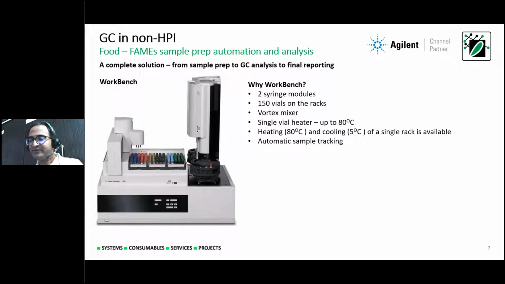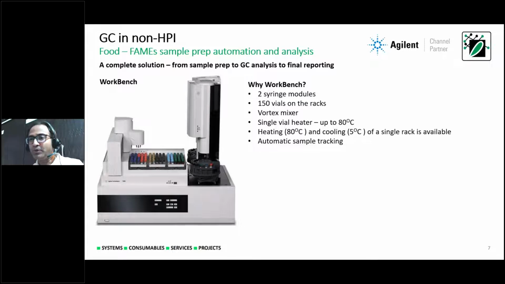From this derivatization reagent vial, take, for example, 10 microliters, add it into my sample, do the vortexing, do the heating at say 80 degrees centigrade for say 30 or 40 minutes, and then put the sample back where I will pick it up, take it to the GC, and do the injection into the GC. So this is also possible. The single vial heater is available.